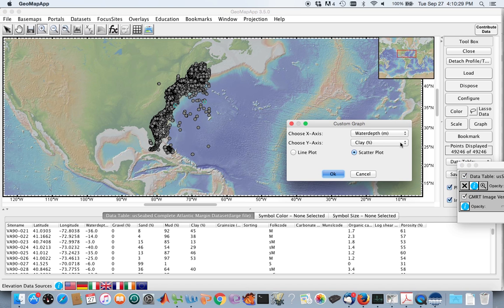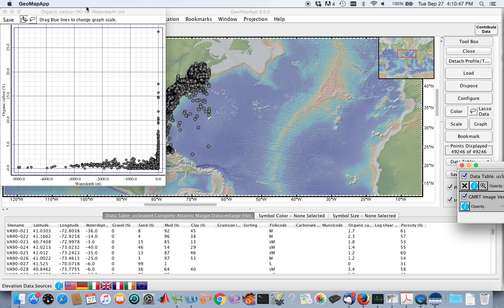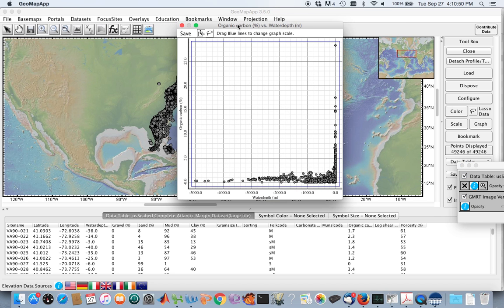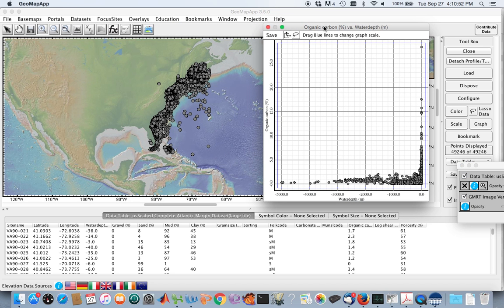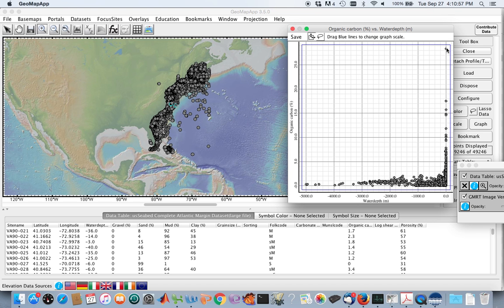Just for fun, we can look at other data that was collected. Say, for example, we can look at percent organic carbon. So this would be not calcium carbonate, but actual organic tissue, so that's organic molecules. And you see we find a lot of it close to the coastline, but not very far from the coast.